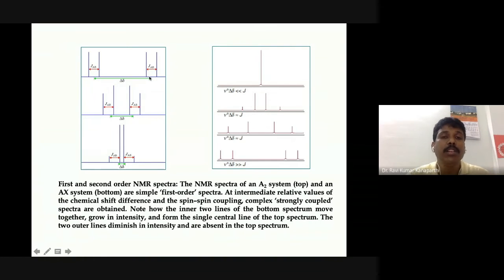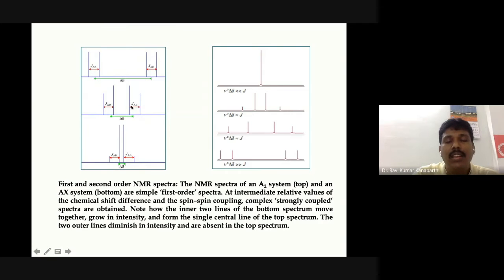Let's say this separation is decreasing. Then you cannot say it is a first order spectrum. Why? Because as you bring the peaks closer and closer, it also means the coupling is strong, and the intensity of the outer lines gets reduced, and the inner lines increase.